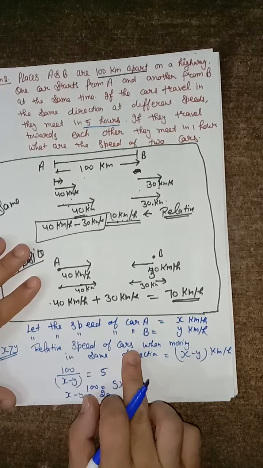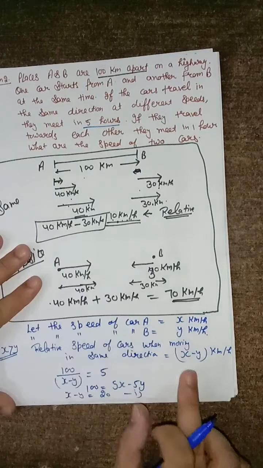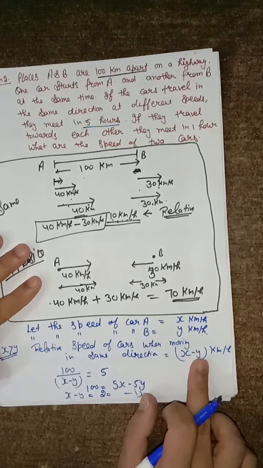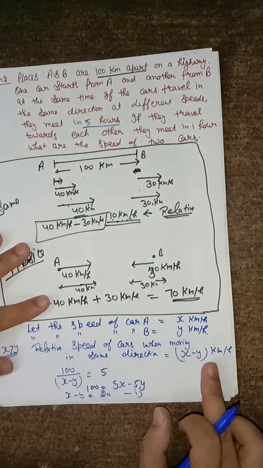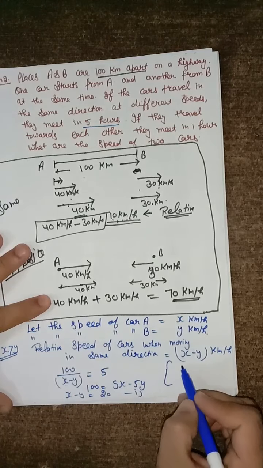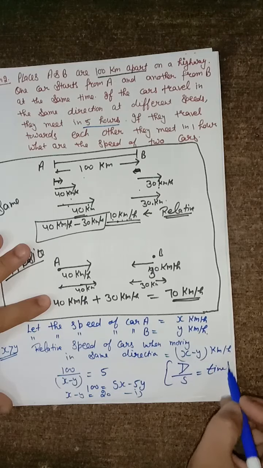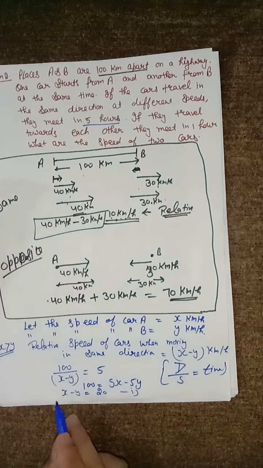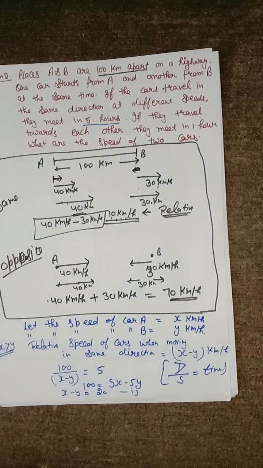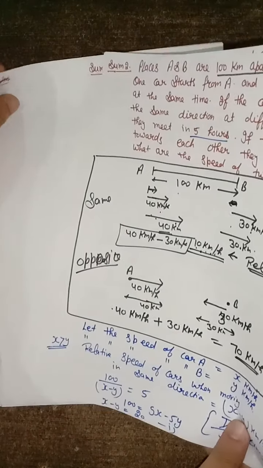Relative speed of cars when moving in the same direction, then we have subtracted. This will become x minus y because x is greater, kilometers per hour. Now here I am applying the distance upon speed equals time formula, and you will get x minus y equals 20. This will become my first equation.